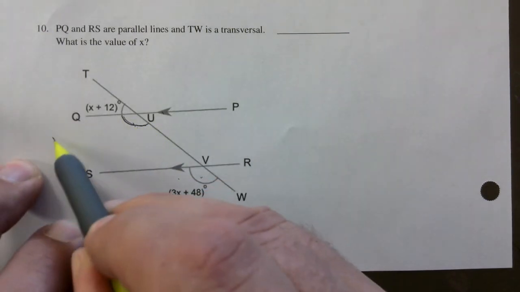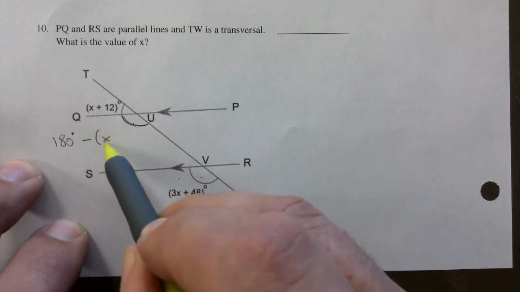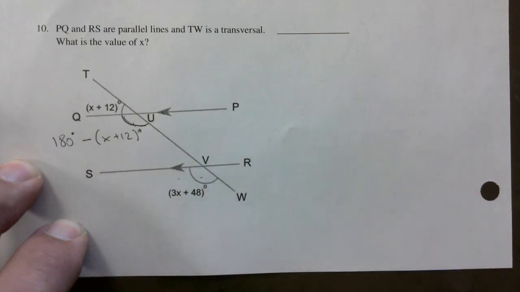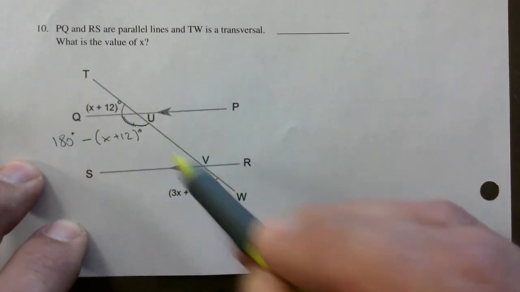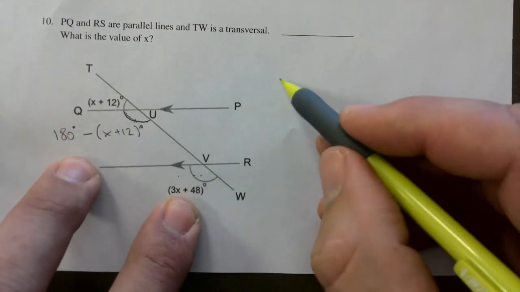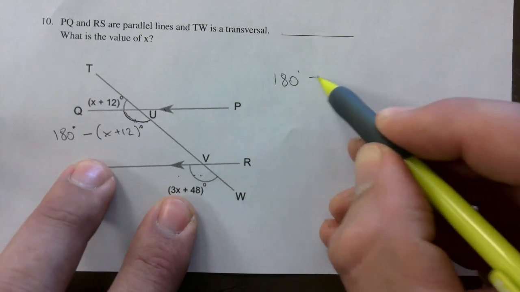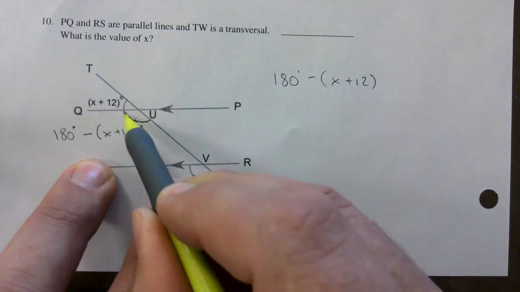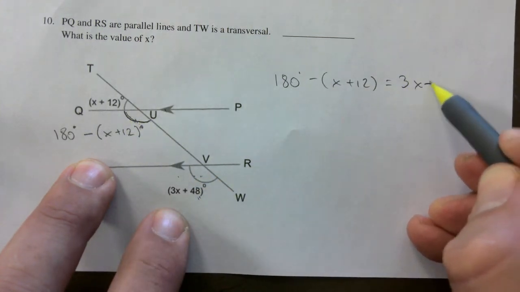This would be 180 minus x plus 12, wouldn't it? Would you agree with that statement that I just made there? What are these two? Corresponding, right? So corresponding angles would be congruent. That therefore 180 minus x plus 12, right? This angle that I just rewrote will be the same thing as 3x plus 48.